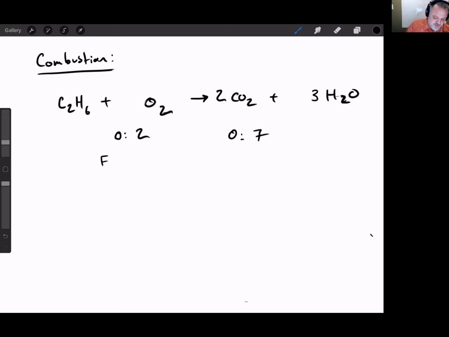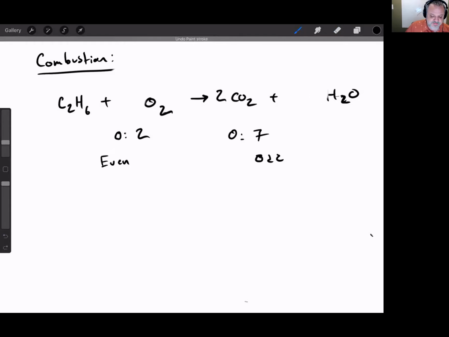I'm even on this side with every stoichiometric coefficient, and I'm odd on this side with every stoichiometric coefficient. Sure, we can go back and change this to 6, but that now changes my hydrogen count. I'm now at 12, so I've got to do that too. And so it's going to be a cascading effect.